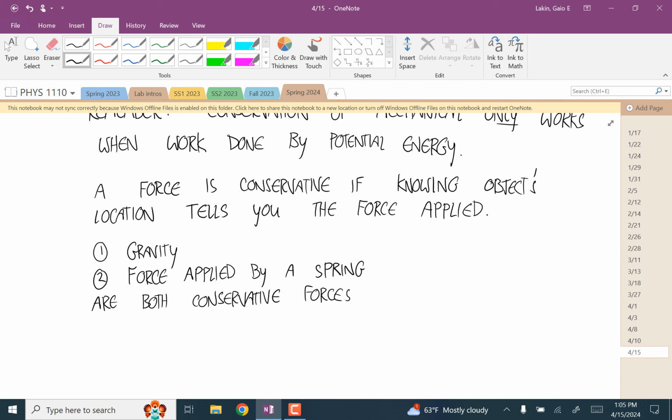At first thought, you might think, well, yeah, because it has to balance the weight. But notice that it could be at this same location, and I could push down on the top of it with my finger. That makes the normal force increase without changing the location. And so a normal force is not conservative.